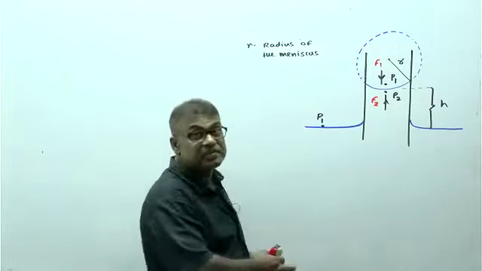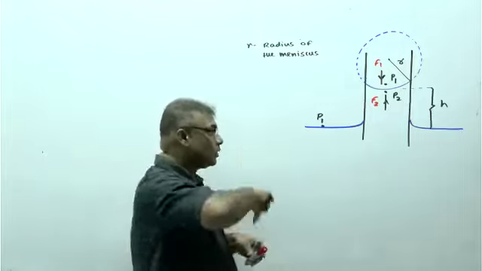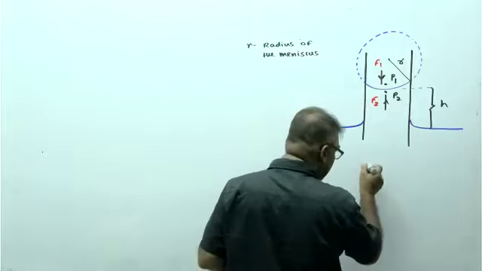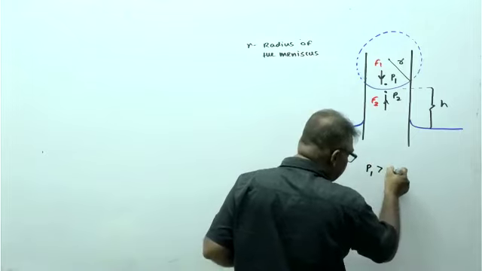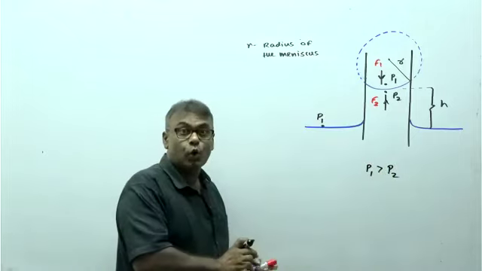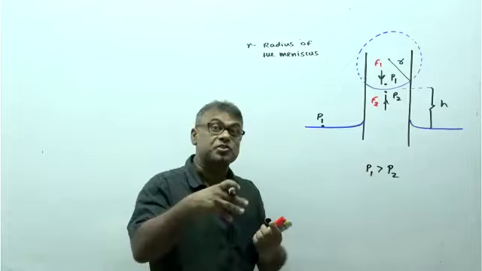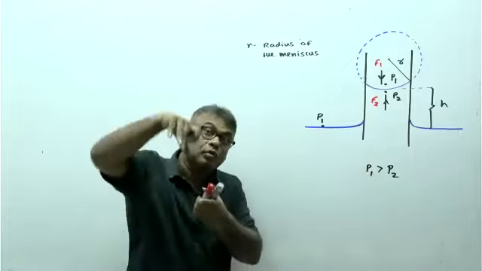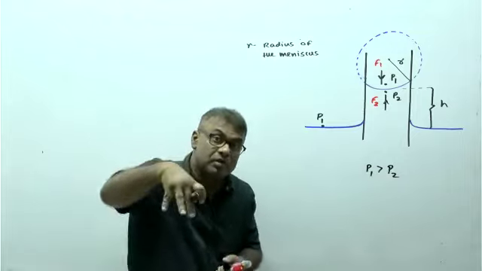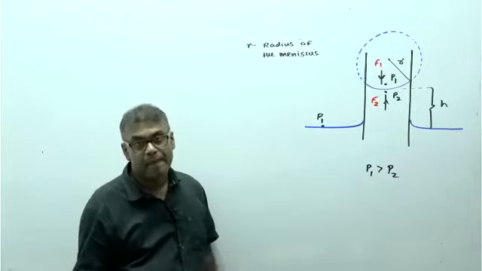Now what is the problem? P1 is greater than P2 according to the previous configuration. There is a pressure difference from upper to down, so the liquid should be pushed down.